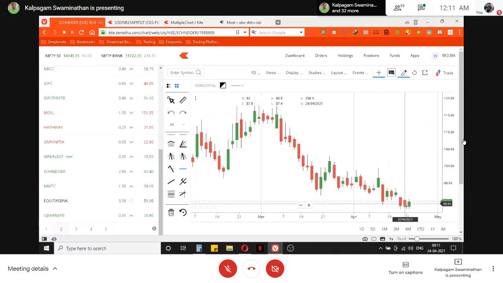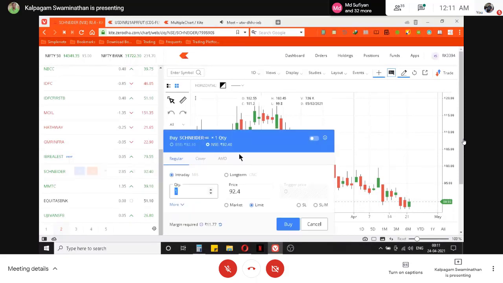Typically, it moves around 87 to 93 rupees. Now you look at the buy order for a stock which is costing 92 rupees. Zerodha wants you to give a margin of only 11 to 12 rupees. 8 times margin you got.